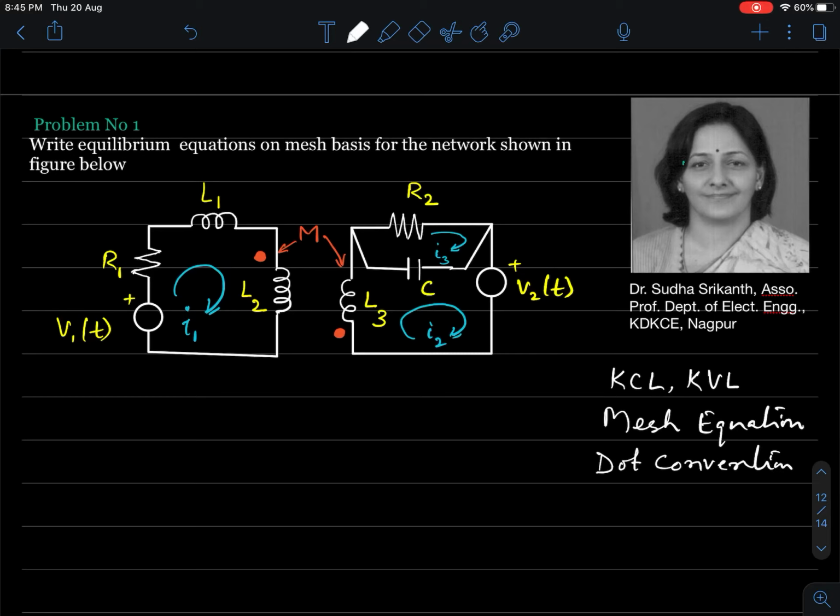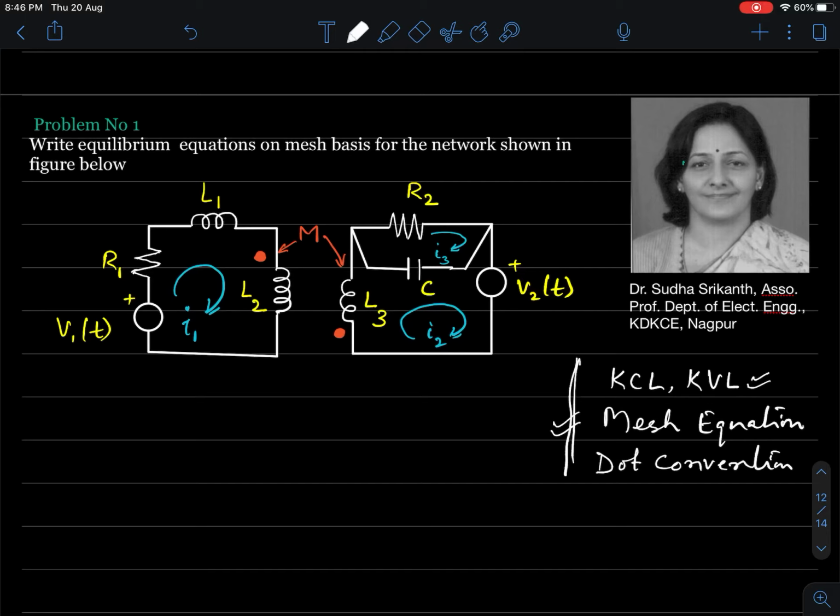These are the prerequisites. I have videos wherein I have solved problems of series parallel networks, wherein the concept of KCL and KVL gets demonstrated. I have videos wherein I have solved some problems on mesh equations, or analysis of networks based on mesh currents. But I have not made any specific video for dot convention.